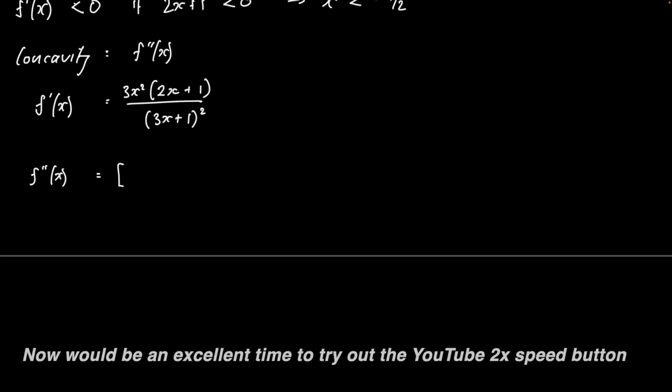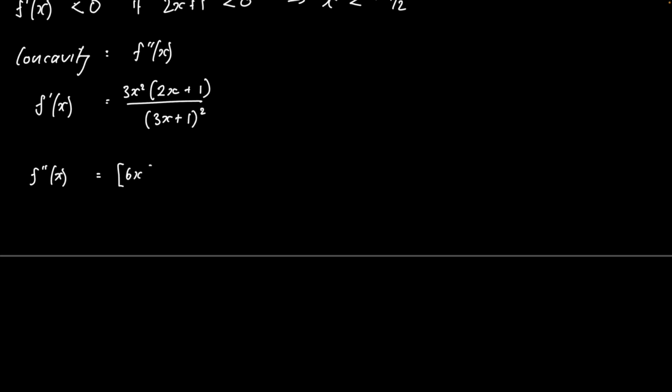So it's a product itself, so it's going to be derivative of the first thing times the second thing, plus the first thing, 3x squared, times derivative of the second thing, which is just 2, times, that's my derivative of the top, times the bottom, 3x plus 1 squared, minus, let's see, we're going to have top thing, 3x squared, 2x plus 1, times the derivative of the bottom thing.